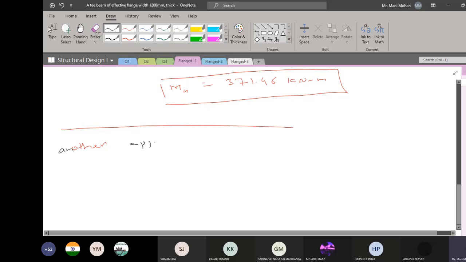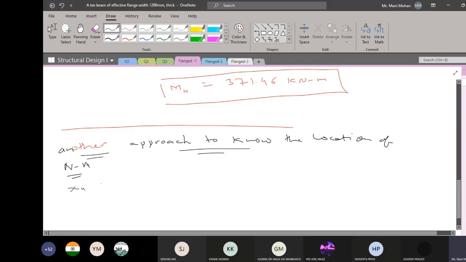Another approach to know the location of neutral axis. So what I'm asking you is, you compare the force. You compare the compression force in the flange with the tensile force. So again here when I do this, my assumption will be what?